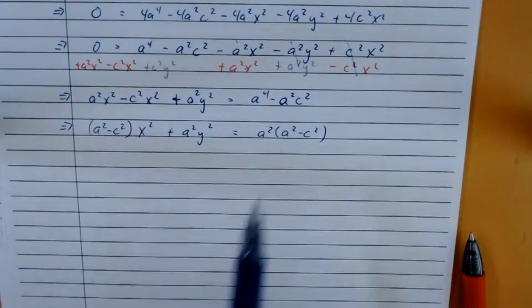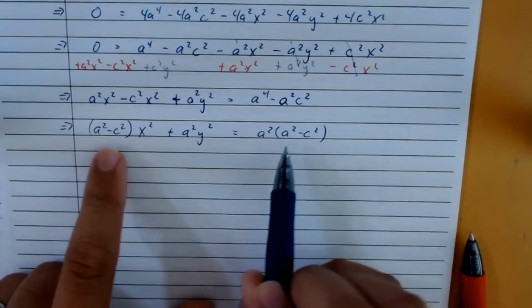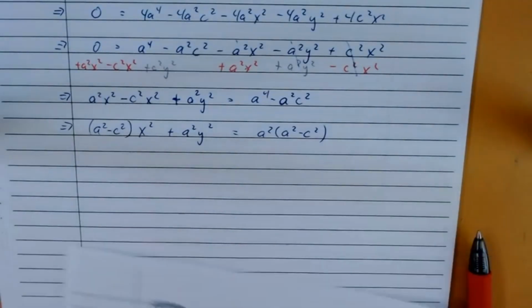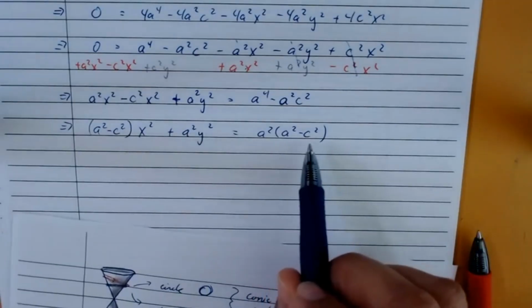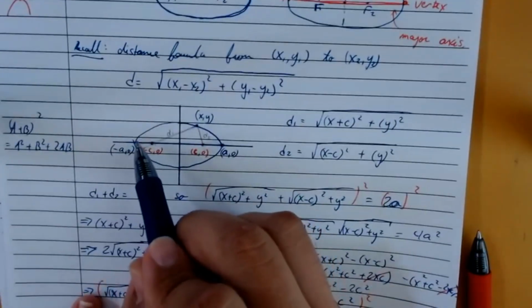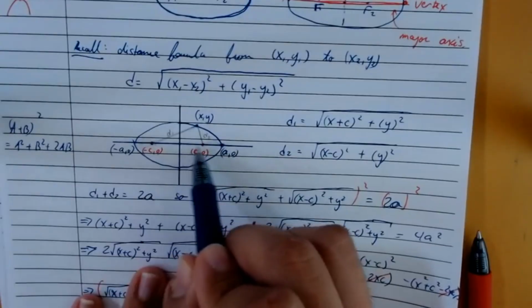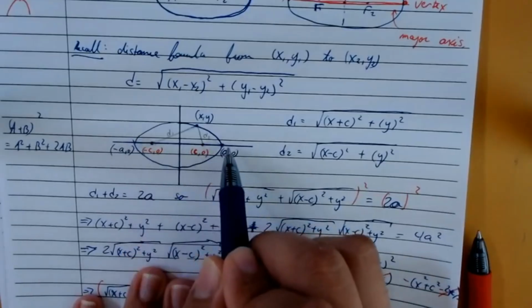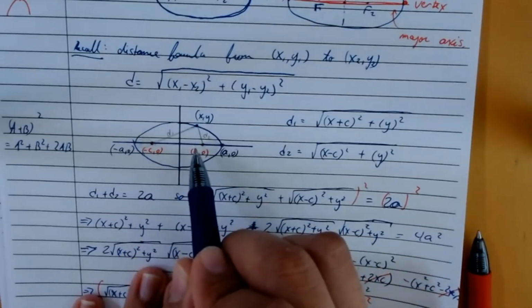Now, one thing to notice is that a squared minus c squared appears more than once within this equation. Is there anything we can say about that? Well, going back to our picture, notice that a is bigger than c. A is further to the right over here, or here it's further to the left. A positive a is bigger than a positive c.